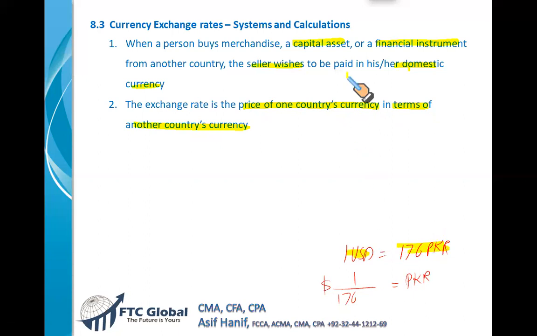So when you purchase a capital asset or a financial asset, or any other service maybe, you would be required most probably to pay in the domestic currency of the seller. What you should pay depends upon the exchange rate between your currency and your seller's currency. This is what you call the exchange rate, the price of one currency in terms of another.